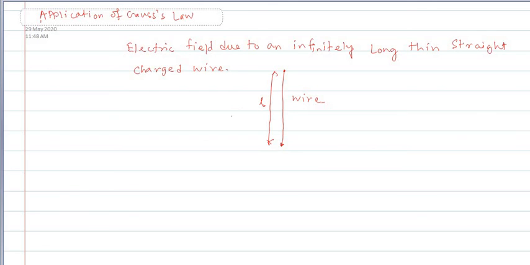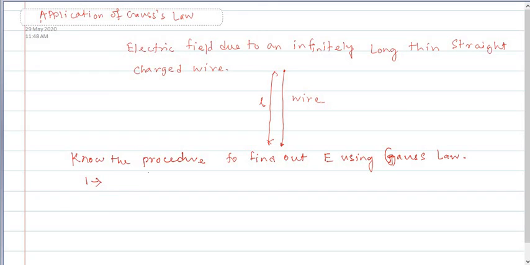Understood? Okay. Now before going to this, we should know the procedure to find out E using Gauss law. Sorry, this is capital G. Gauss law. So what is the first procedure?